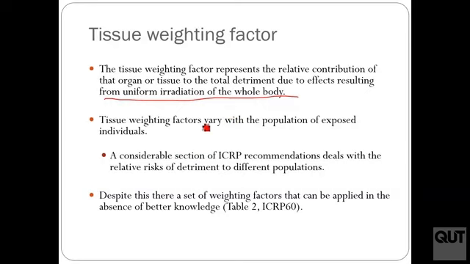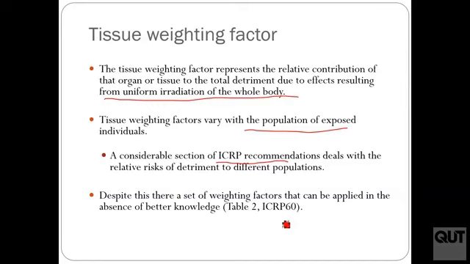Tissue weighting factors can vary with the population of exposed individuals. So different populations have different weightings. So some people are more sensitive than others. And so there's a considerable section of the ICRP recommendations to deal with the relative risks to different populations.